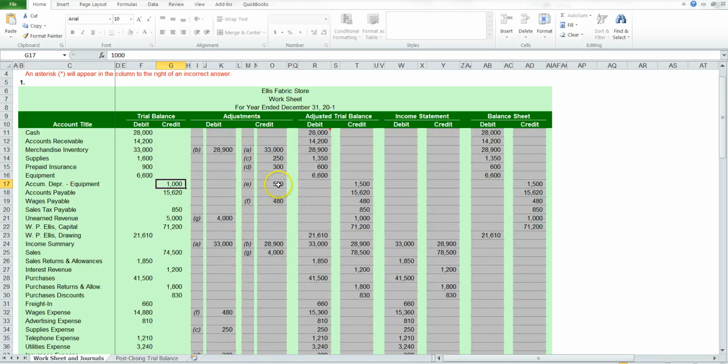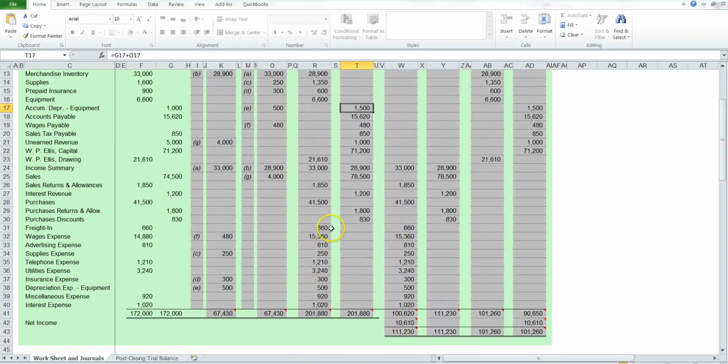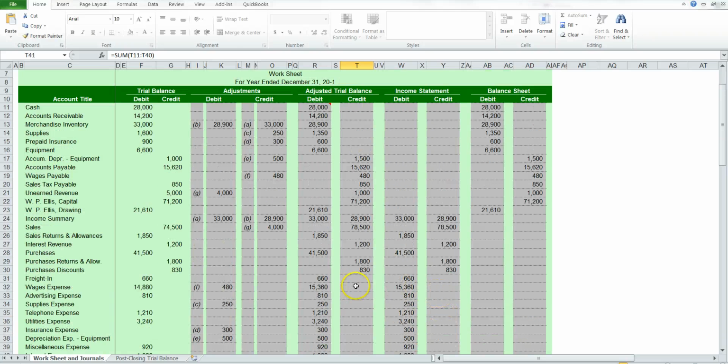If we have a credit balance and a credit adjustment, it will increase our balance. And we will continue to do this all the way down. We made sure that our debits and credits tied out, and we're making sure that our debits and credits, again, equal.